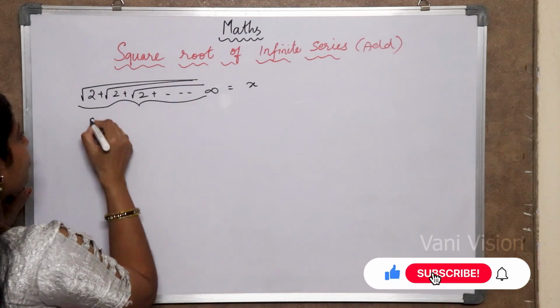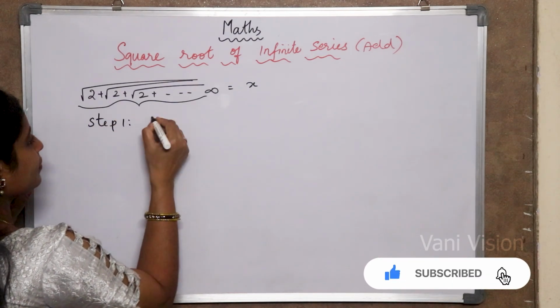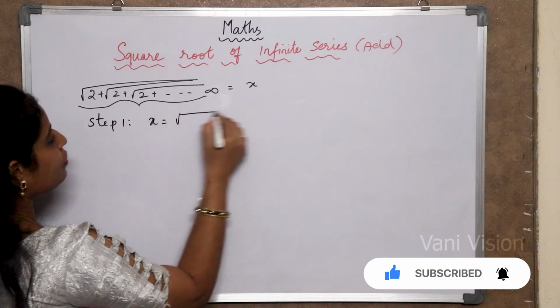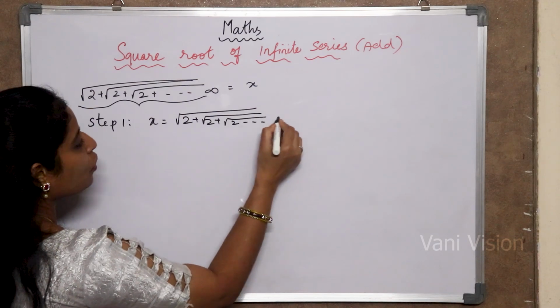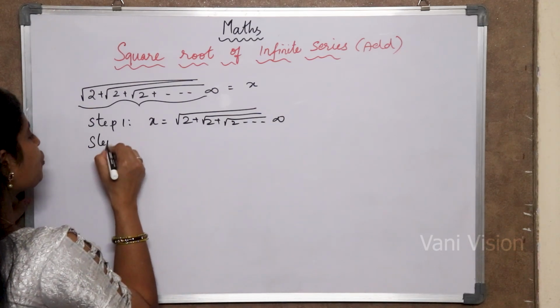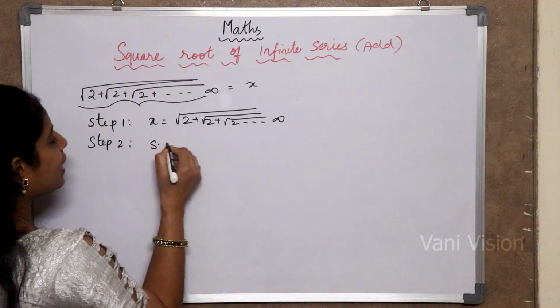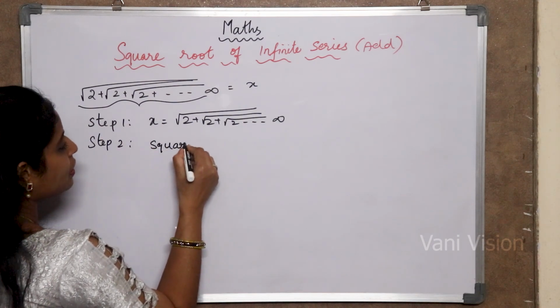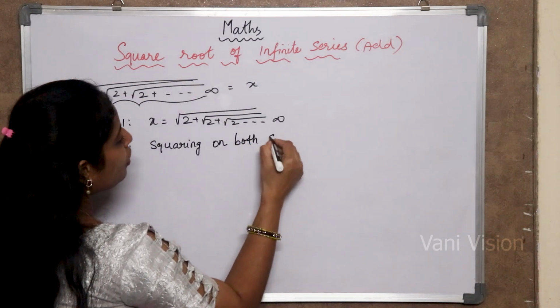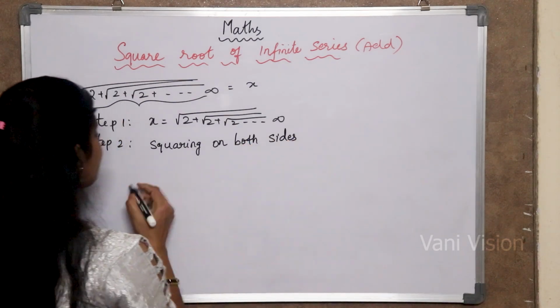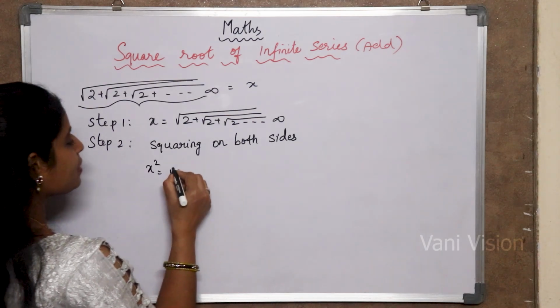Now step 1 is: x is equal to root over 2 plus root 2 plus so on to infinity. Now step 2 is squaring on both sides. So when I square, what happens?